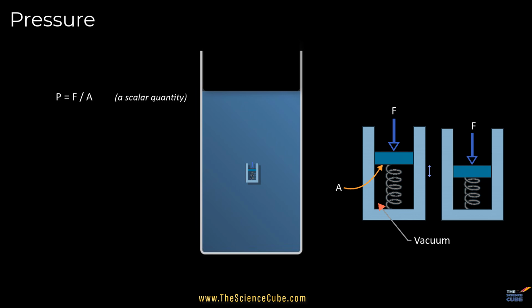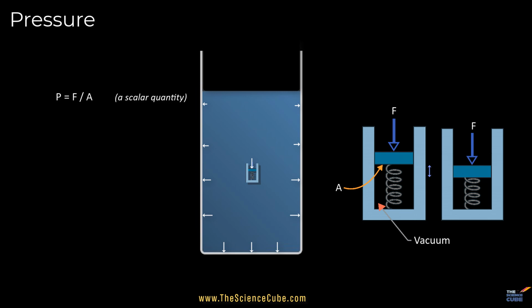Another way we can identify pressure to be a scalar, and I find this a lot more convincing, is that in fluids, the force exerted on any surface by the fluid is always perpendicular to that surface, regardless of orientation.